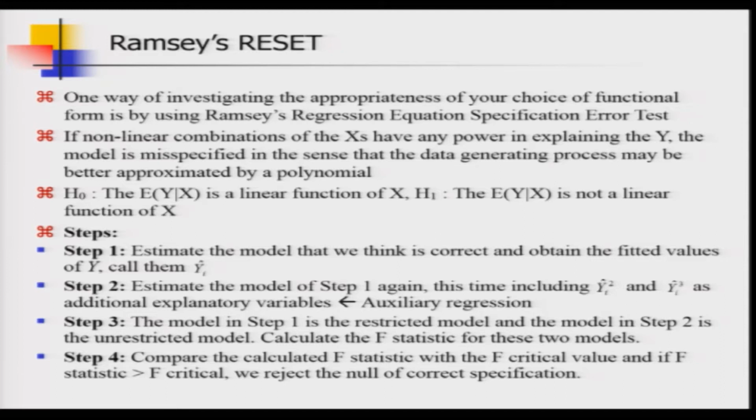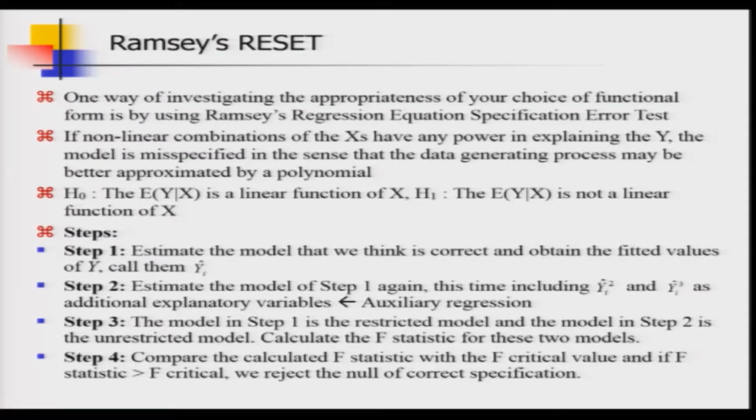So, you have 2 extra explanatory variables in the model, namely y hat i square and y hat i cube. And this concept where you add some artificial variables based on the fitted values in addition to the existing regressors in the regression equation is known as auxiliary regression. So, basically you have to now run an auxiliary regression, but you have to apply it via the OLS method only. In step 3 what we do?